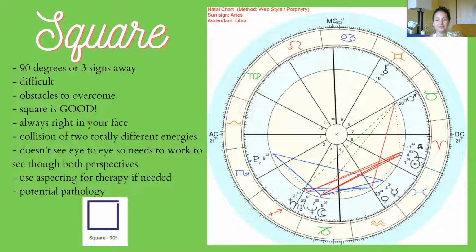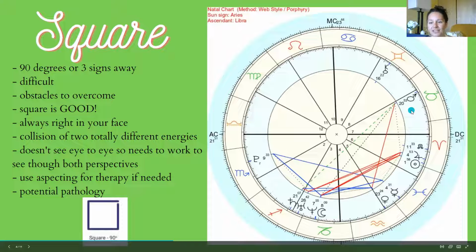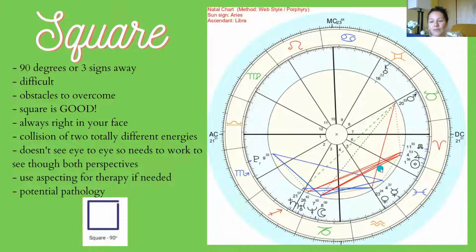You can see here, Mars and Venus are square. You see here how Venus is at 23 degrees Aquarius. And then if you count 1, 2, 3, that's 3 signs apart, and that's basically within 3 degrees of 90 degrees. So it's 93 degrees apart, or it could be less.